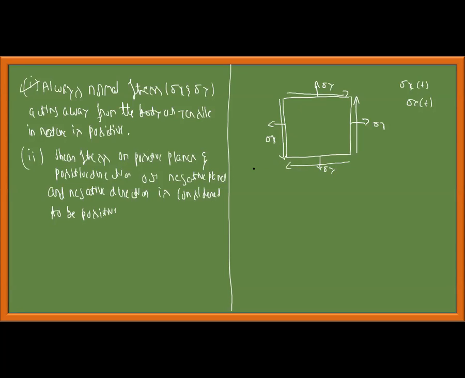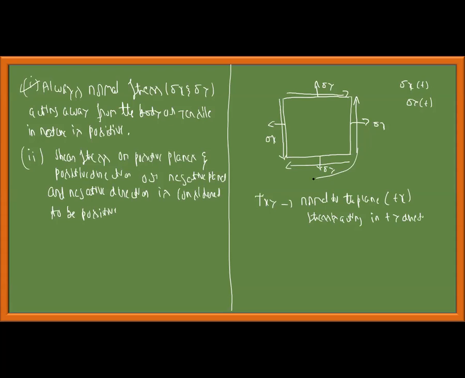It means to say that this is the positive plane. The normal to this plane, x, is the positive plane, and this is a negative plane, negative x. Okay. For example, if I write tau xy, normal to the plane is in positive x direction, and stress is acting in positive y direction.